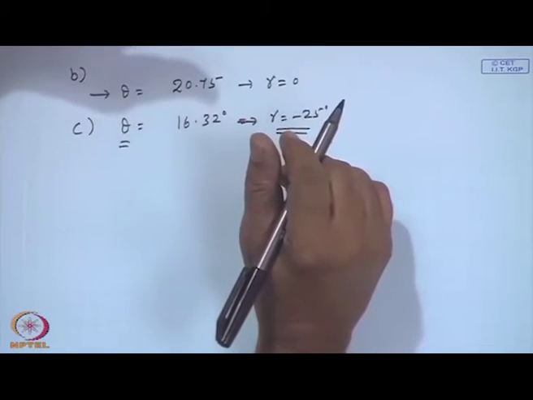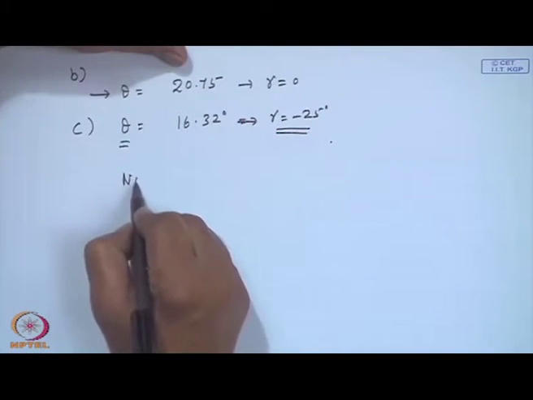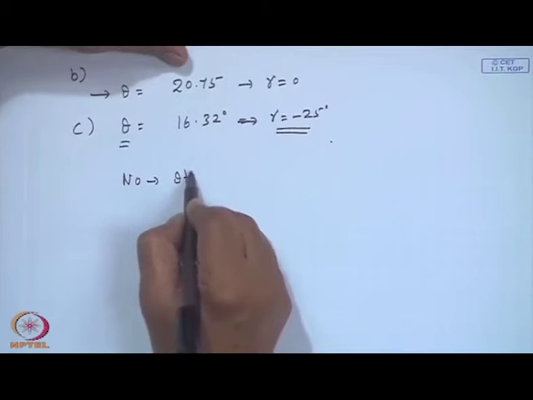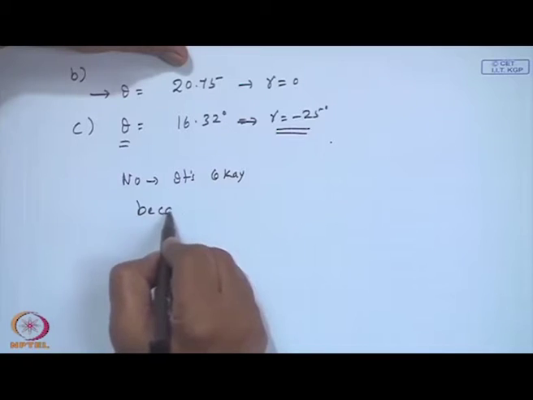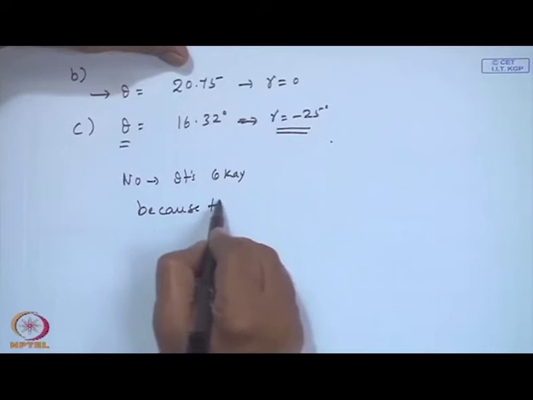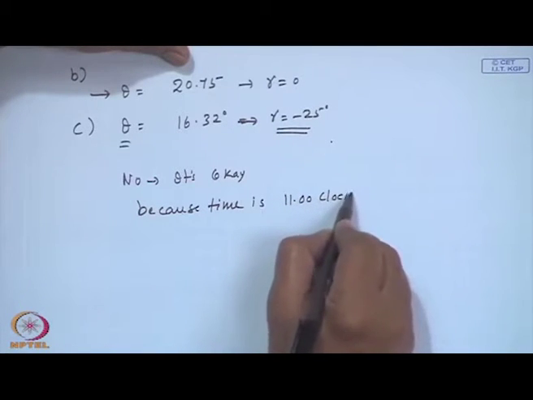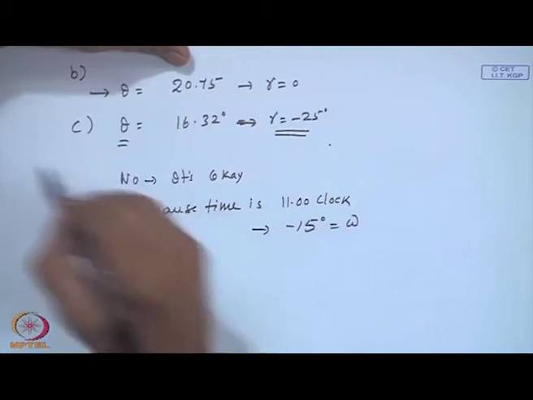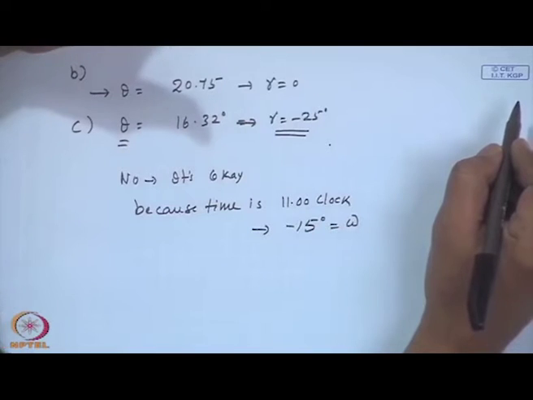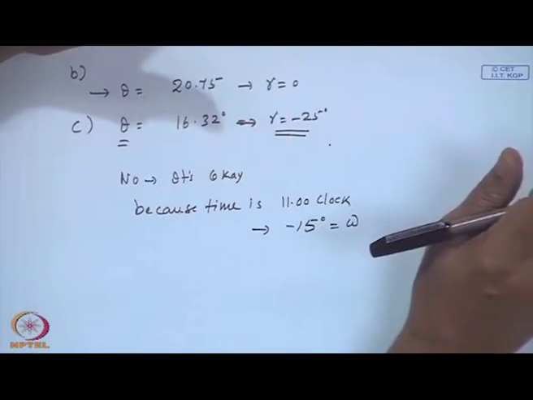Is it baffling? No, it is okay, because the time is 11 o'clock, omega is minus 15 degrees. So, you are towards east and you have oriented beta fairly well.